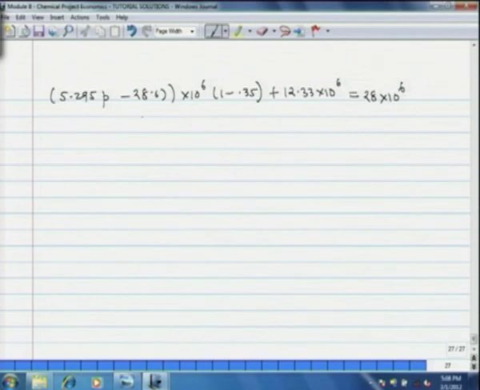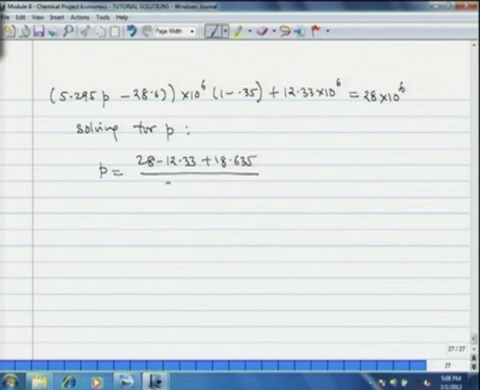Now with this, solving for P, we get P is equal to 28 minus 12.33 plus 18.635 divided by 3.442 is equal to $9.97 per kg.